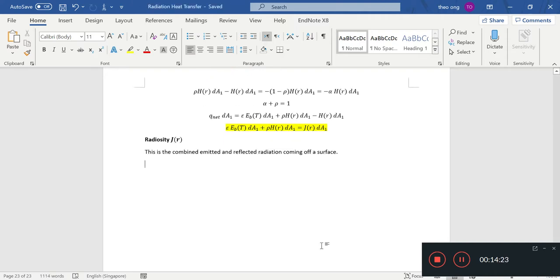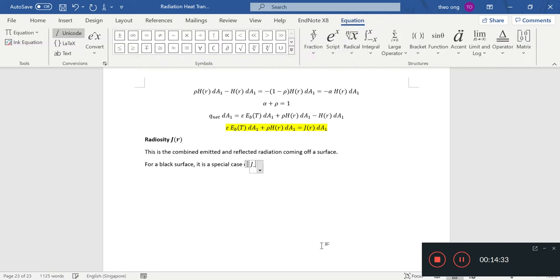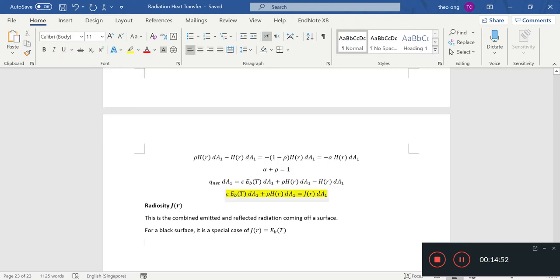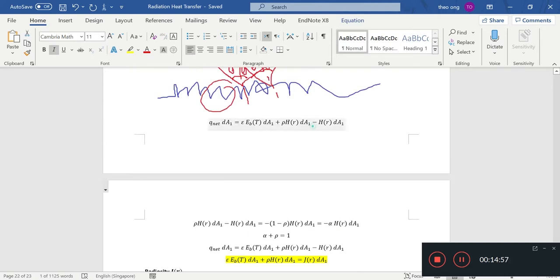Now for a black surface, this is a special case: JR equals EB. So the radiosity of a black surface is just the black body emission because it doesn't reflect anything, so the reflection term is 0. The radiosity just happens to be the black body emission for a black surface.